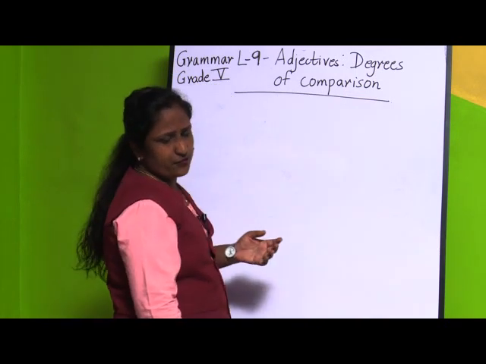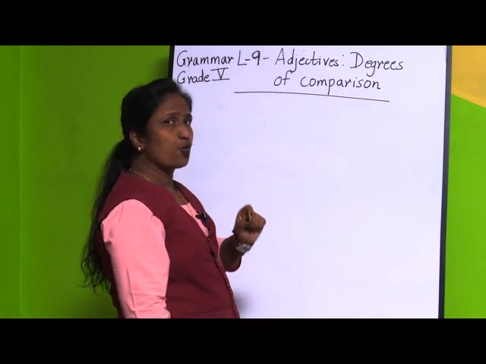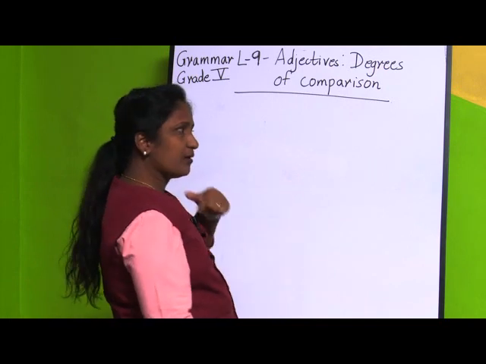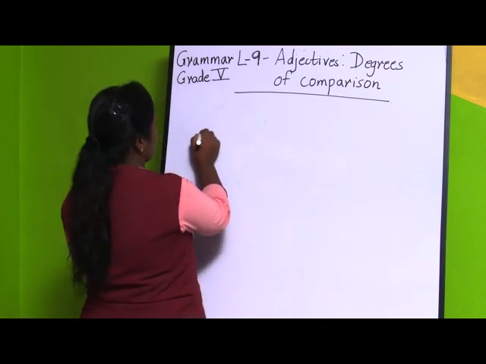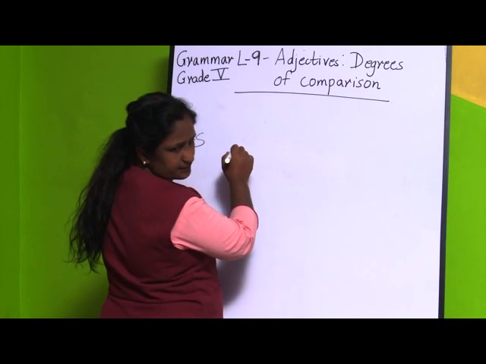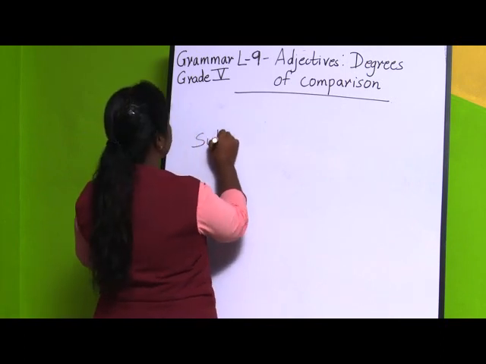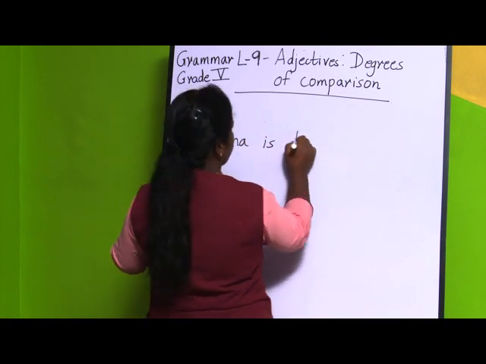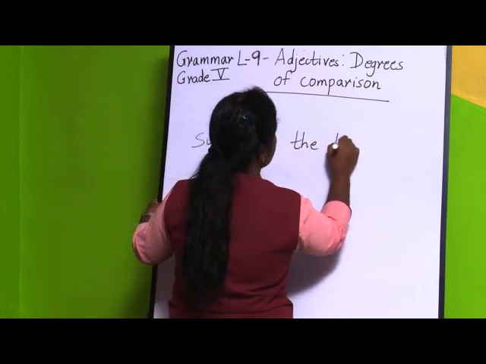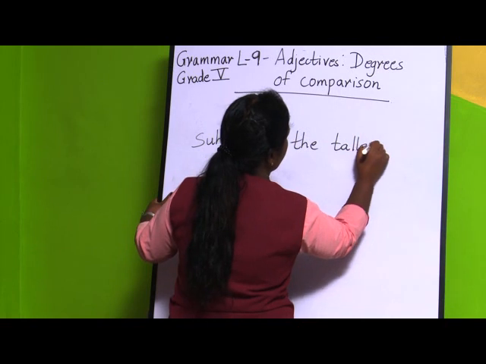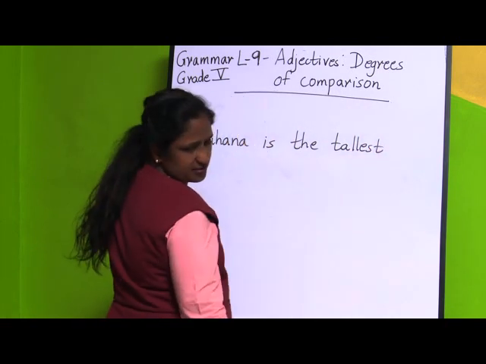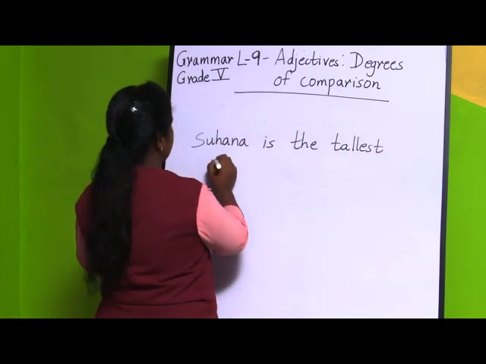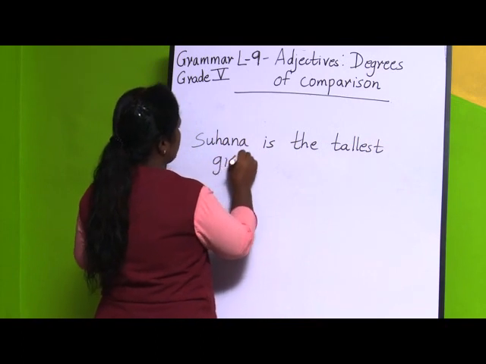So, for superlative degree we are going to use only the before the adjective. Suppose if you write, Suhana is the tallest girl. Suhana is the tallest girl in the class.